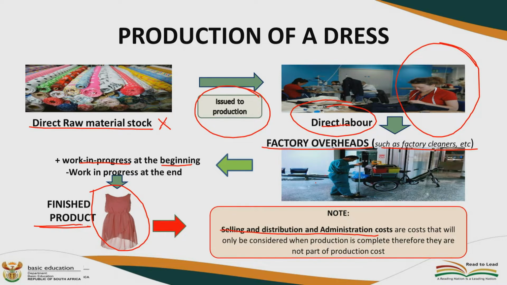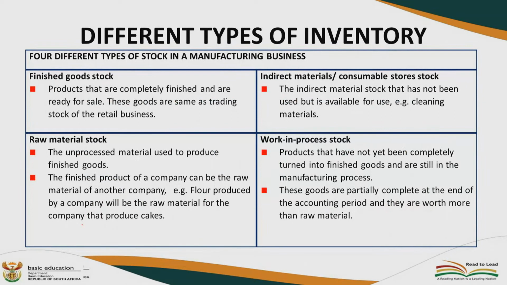All right. Once you've understood that, I now want you to understand the different types of inventory. So we have these 4 different types of inventory, and I'm going to take you through each and every one of them. Firstly, we have what we call finished goods stock. Remember, we are making pink dresses.